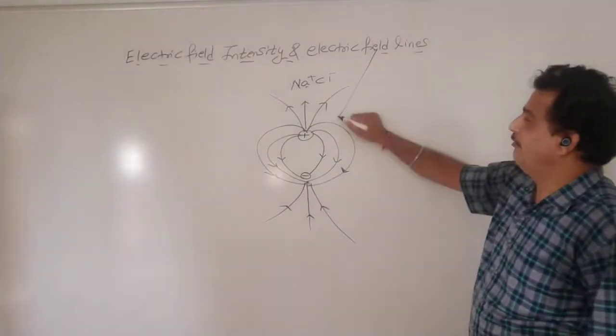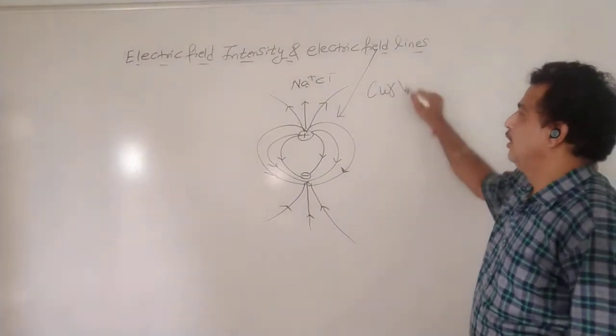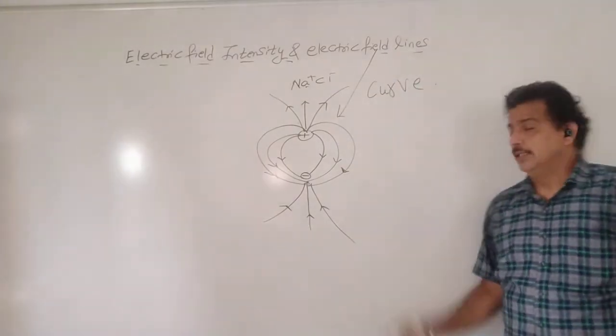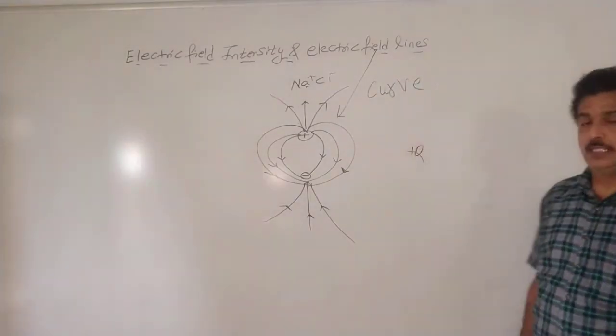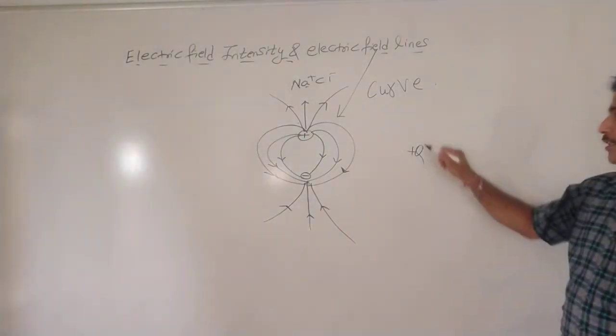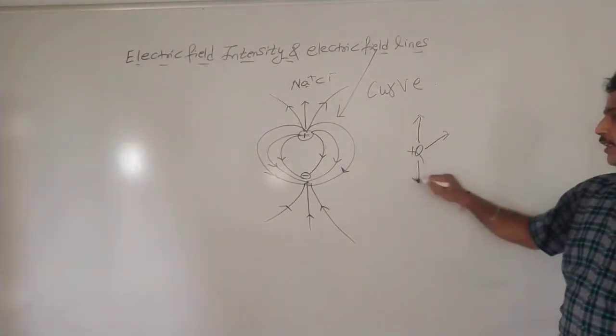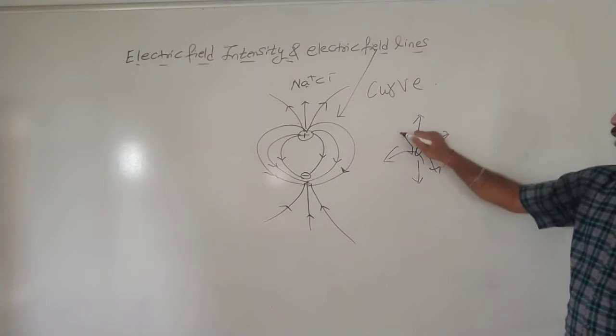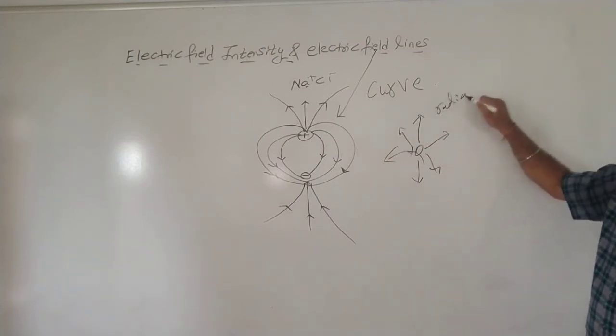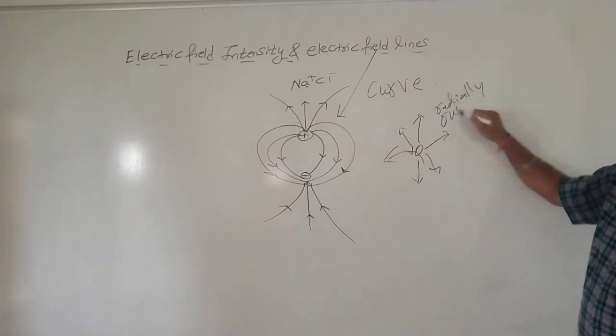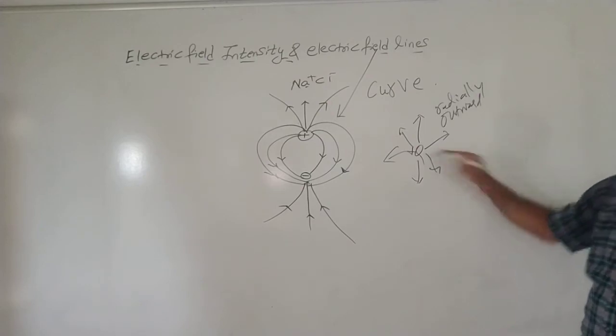So your electric field line is now curved, and for a point charge, if your source is a positive charge, it was radially outward, and the path was straight.